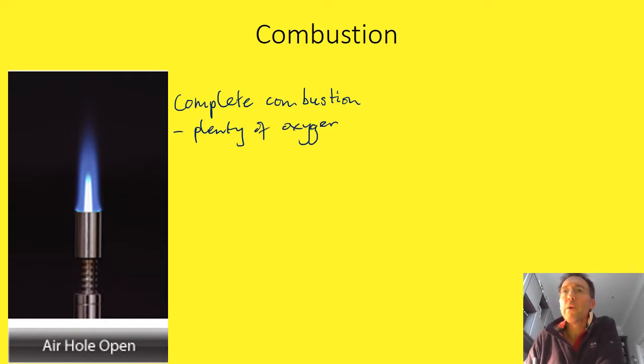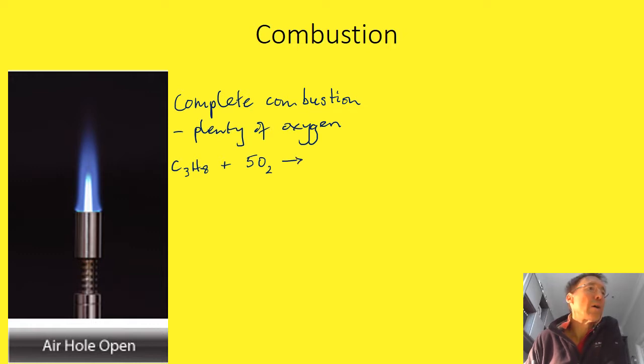And when we have complete combustion, the combustion equation looks like this. Let's take propane, for example. The formula of propane is C3H8. And when we've got plenty of oxygen, we'd have at least 5 moles of oxygen gas for every mole of propane.